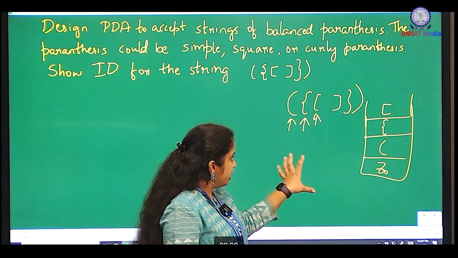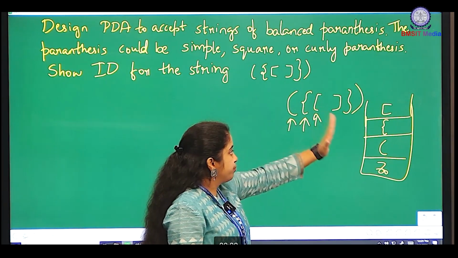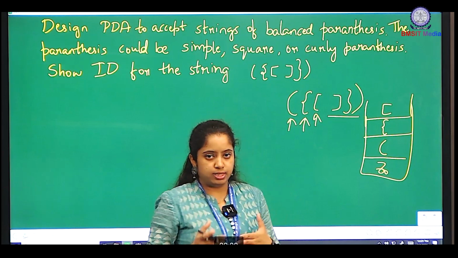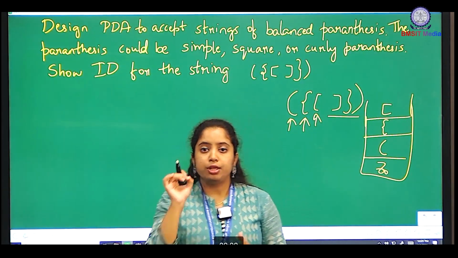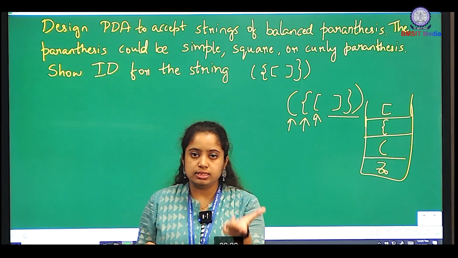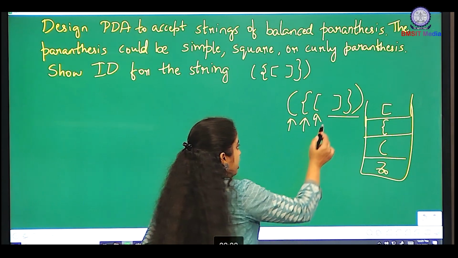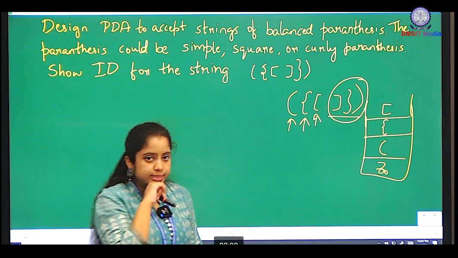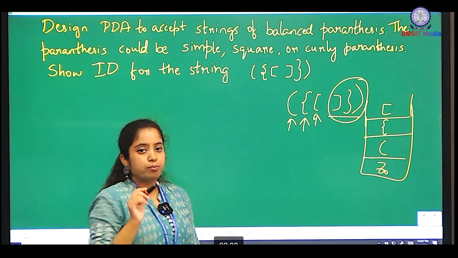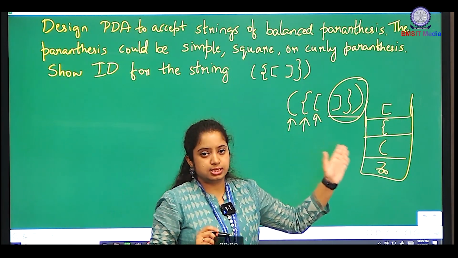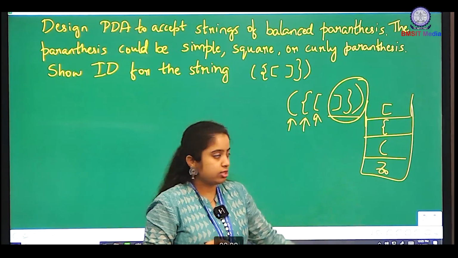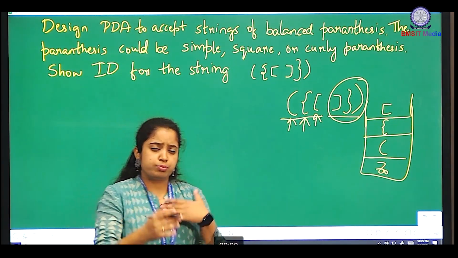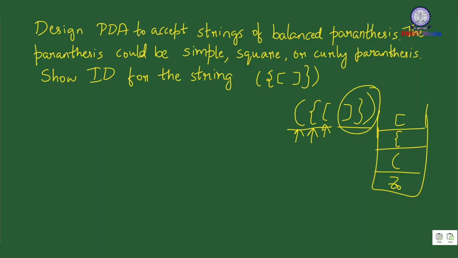It is when you are looking at the closing parenthesis that it is important to have a balanced parenthesis. When you have a closing parenthesis, then you have to worry about popping and what is there in the stack. If you are reading the opening parenthesis, you need not worry, just keep pushing onto the stack.